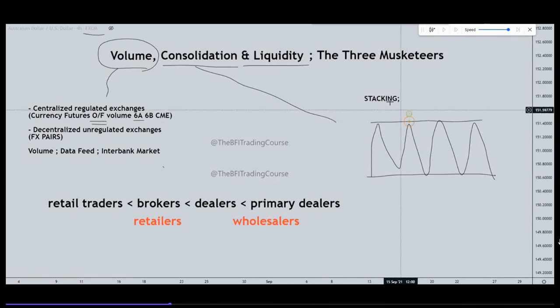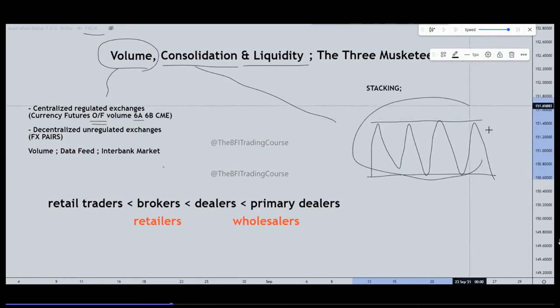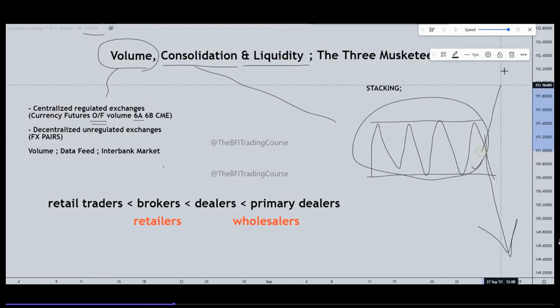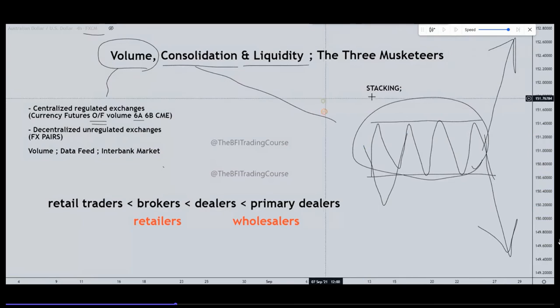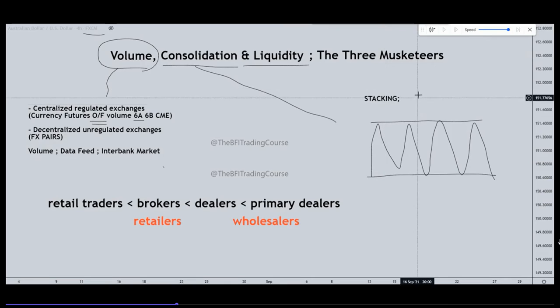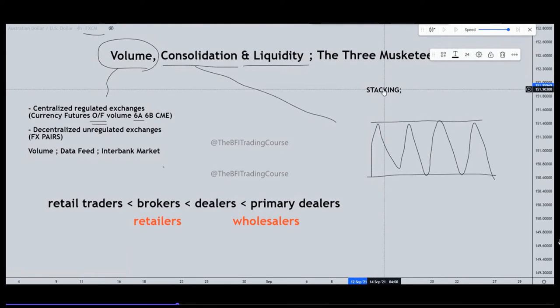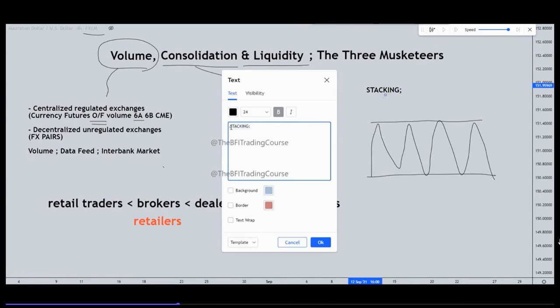Now, the trick is what kind of orders. If a bunch of sell orders are being stacked, we understand what will happen by the law of gravity. And if they're stacking buy orders, we understand what will happen. Now, maybe you get an opposite move that wipes everyone and then the real move, but the point is, within the stacking, there's a certain kind of orders being stacked. So it's either buy or sell. There is no third one.